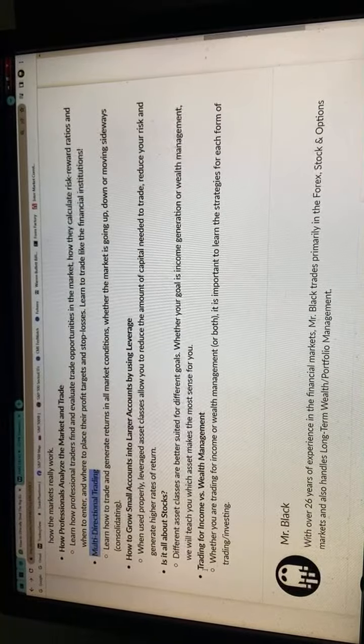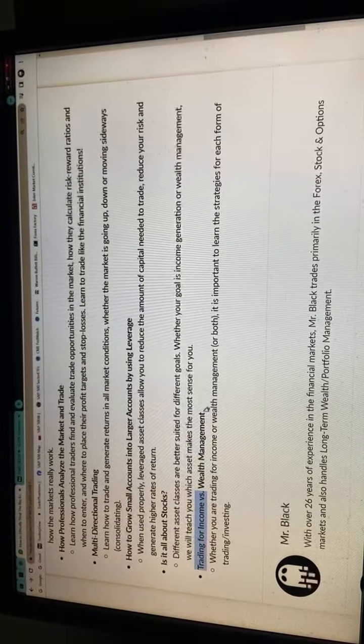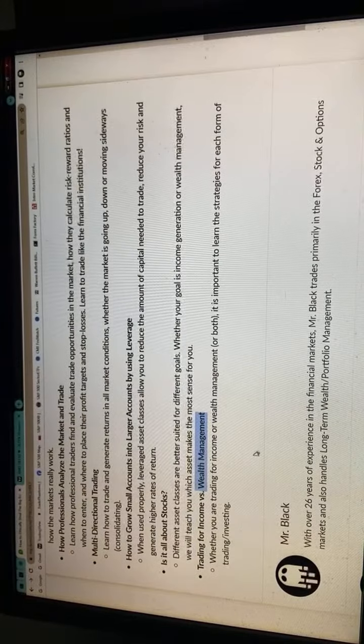And no matter where you are in your trading journey, you could just be starting off with a couple hundred dollars, trading for side income, all the way to maybe you want to do this more for a retirement type deal, and you also love some long-term wealth management, 7, 8+ figures, etc. Doesn't matter, no discrimination here.